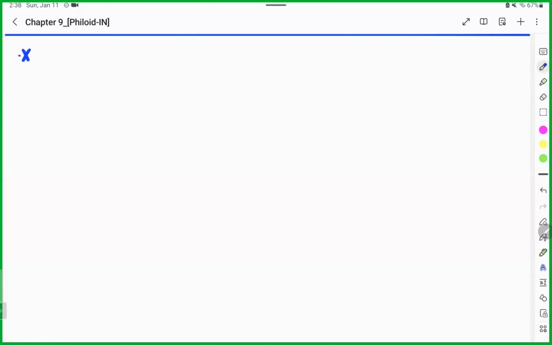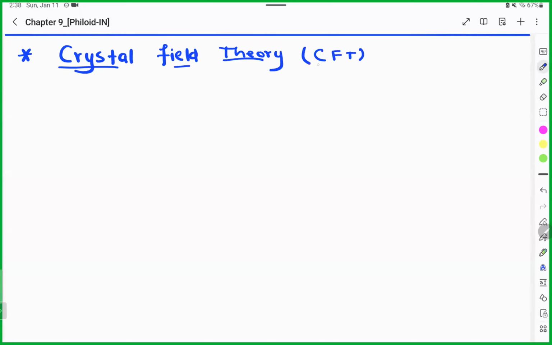So come to the crystal field theory. Most important topic, very easy topic to understand. There is so much information about this topic, so we get confused. For this, first you should know about the d orbital.